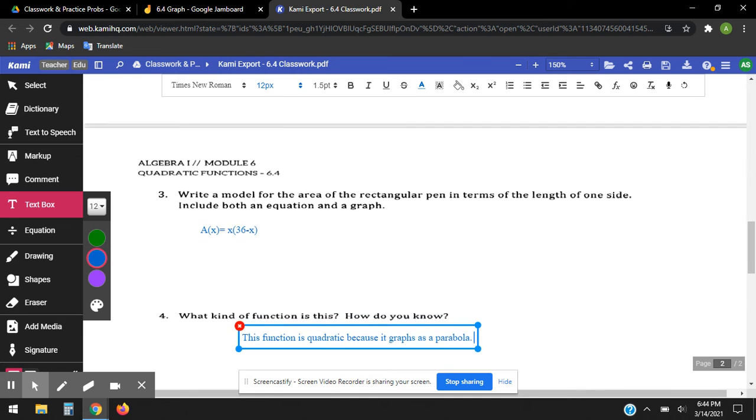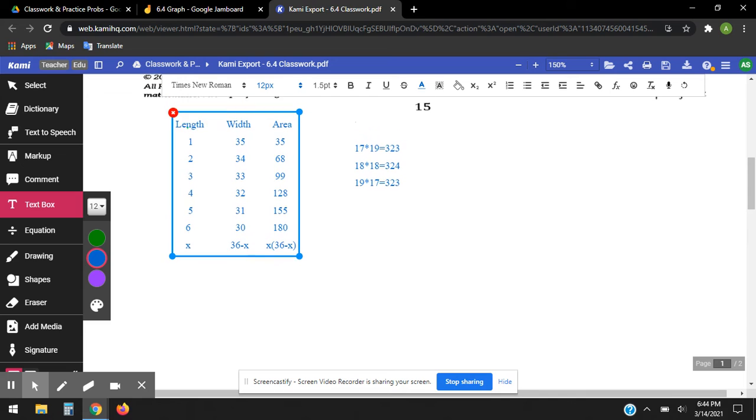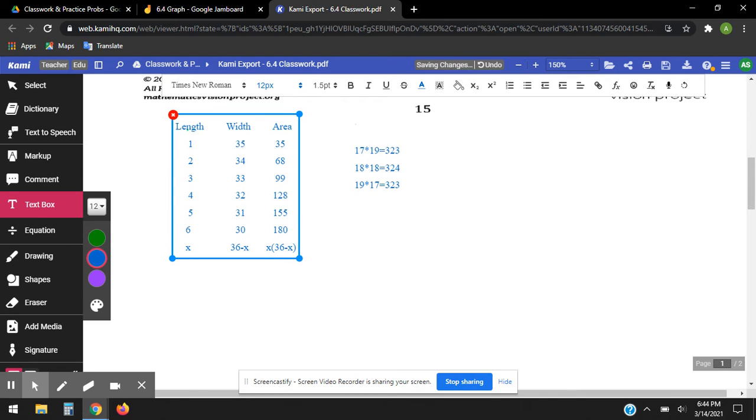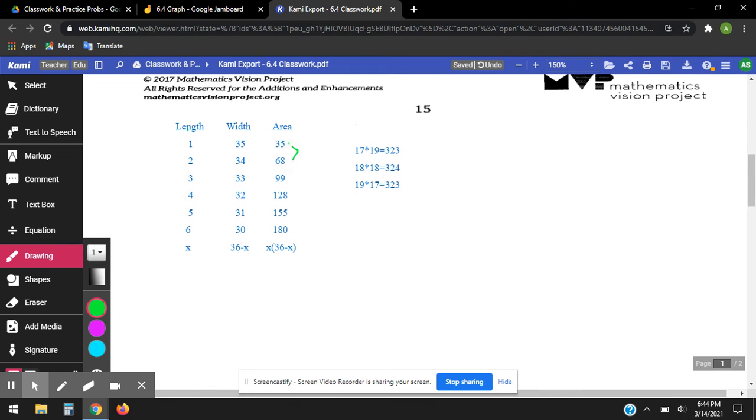And if we took at our differences up here, we subtract these two, 68 minus 35 is 33. 99 minus 68 is 31. 128 minus 99 is 29.